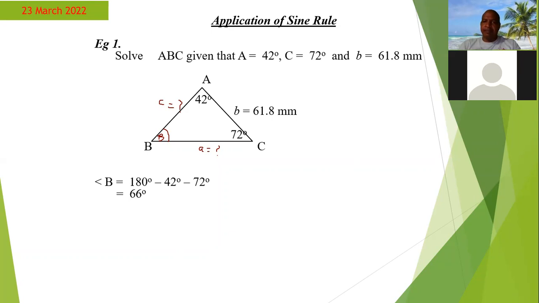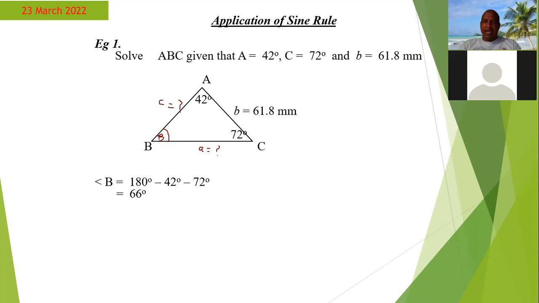Everybody see that? We know that all the angles in that triangle add up to 180. So if we know 2 of them, we just add them and subtract from 180, and we get the other one, which is 66 in this case. So angle B is equal to 66. That would mean we have solved for one of the unknown elements already, which leaves us with the side A and the side C to solve for.